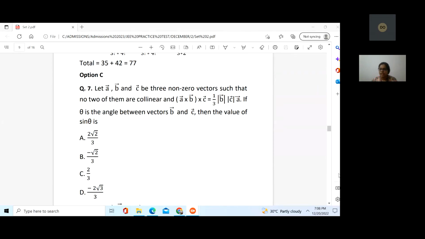Swatik, if you have received the answer, you can type that in the chat box and we can start the discussion of the question.